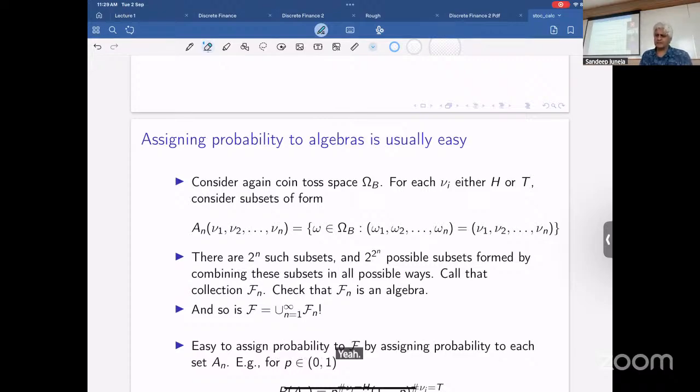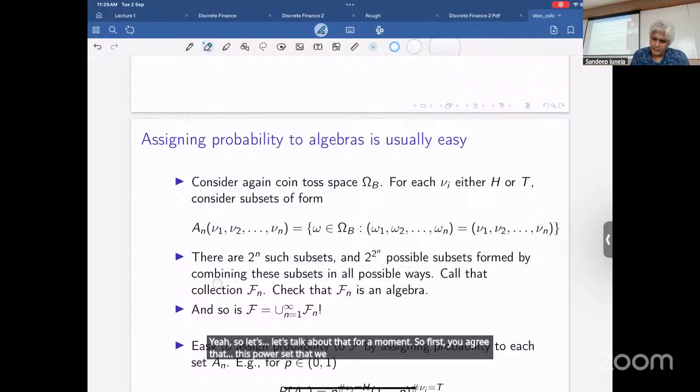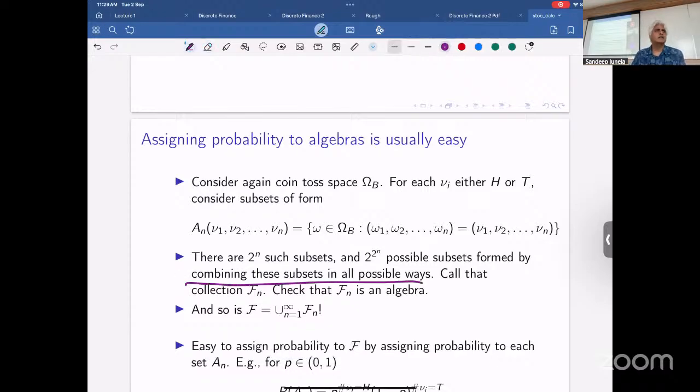Yeah, so let's talk about that for a moment. So first you agree that this power set that we have, if you see a set in that collection, its complement will also exist.